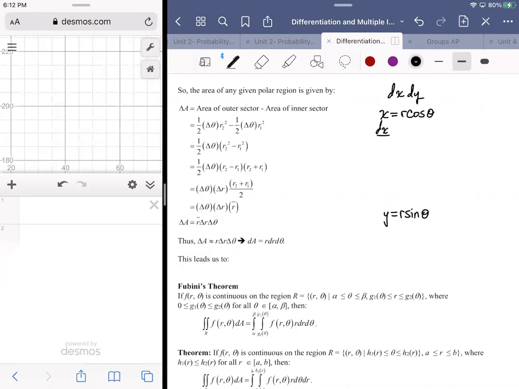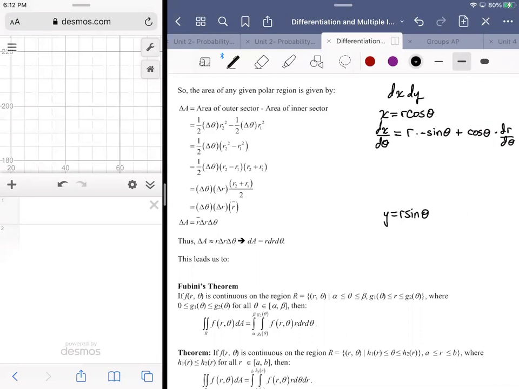dx d theta: first, r times the derivative of the second, negative sine of theta, plus the second function, cosine theta, times the derivative of the first, dr d theta. Okay.